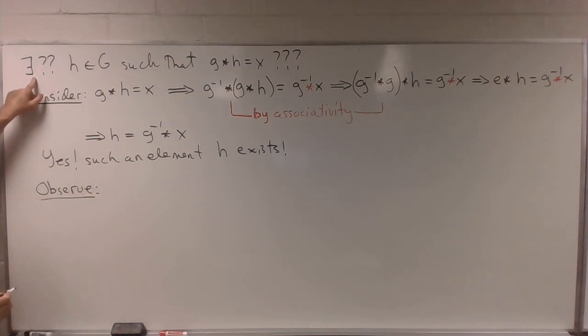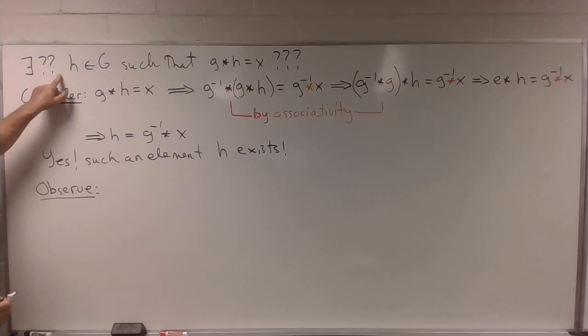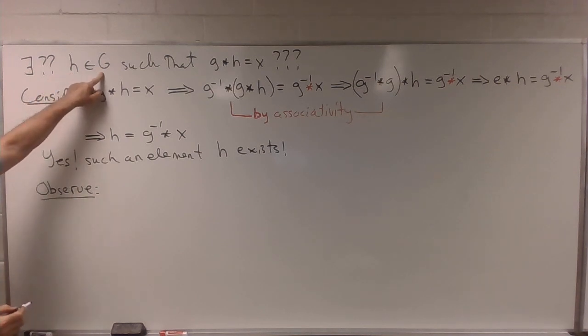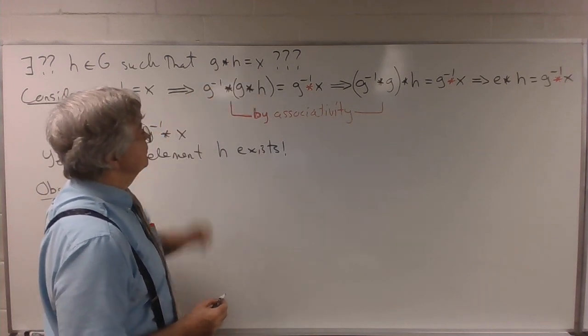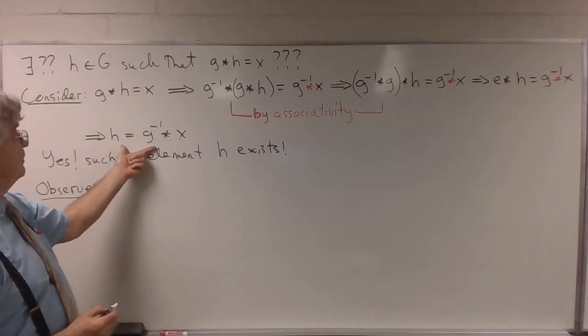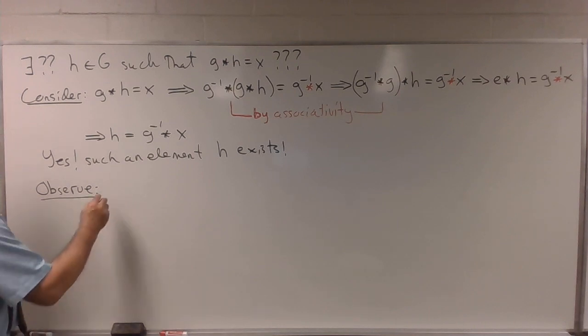Here we're answering our question. Does there exist an element h of G such that g star h equals X? And we claim this is what h is.